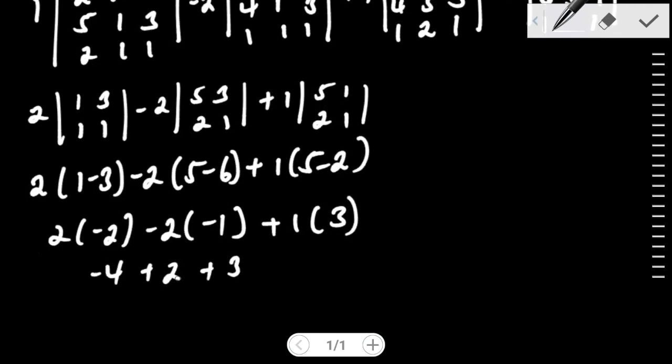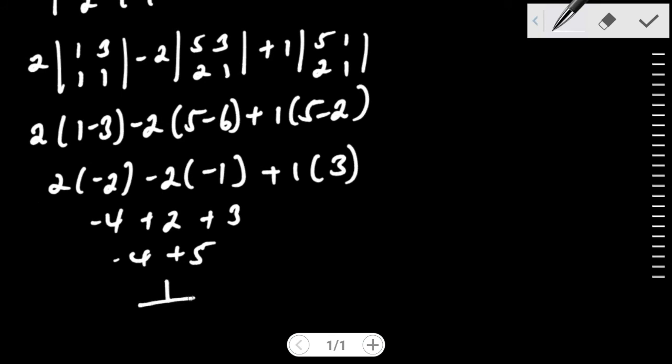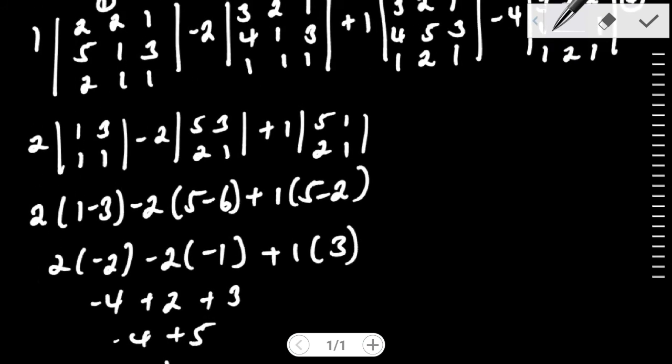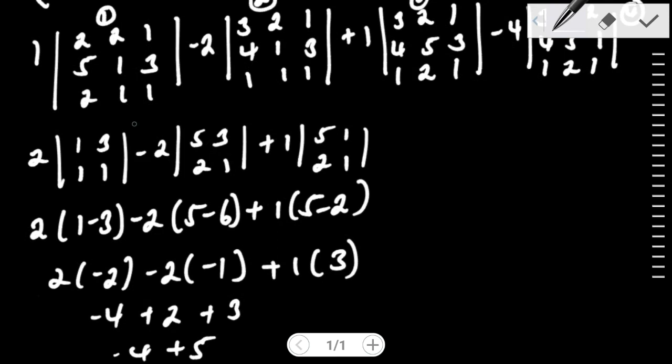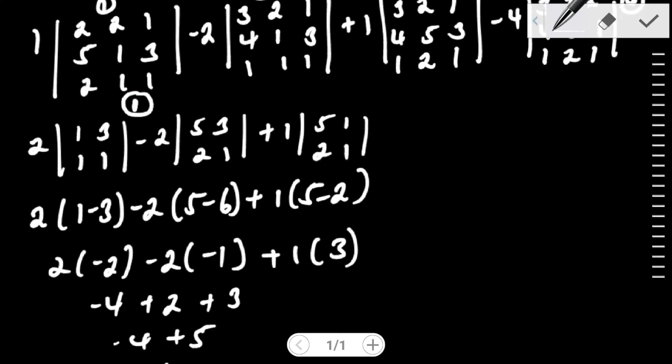Negative 4 plus 5 gives us 1. Therefore the determinant of the first matrix is 1. Let's put it down here in a circle.